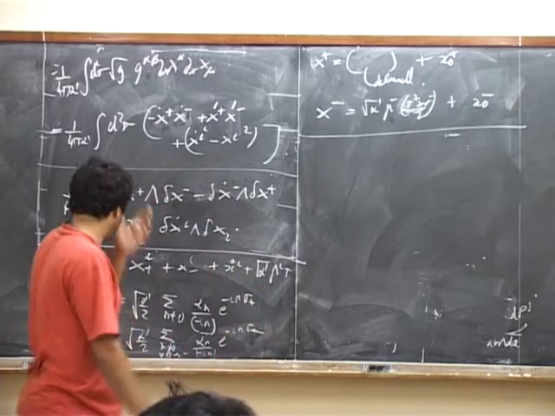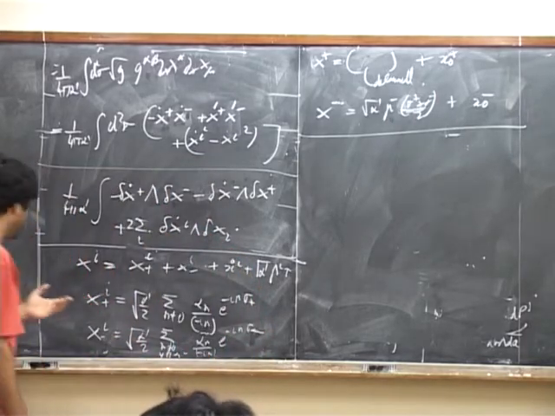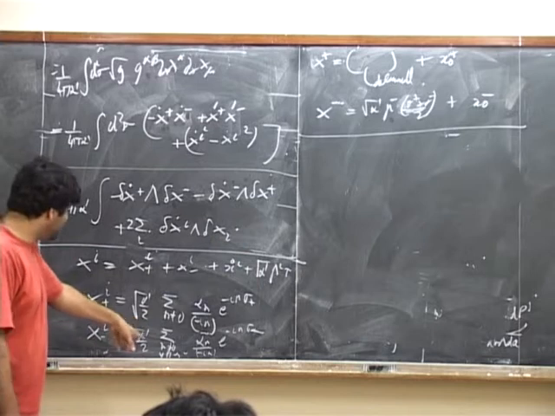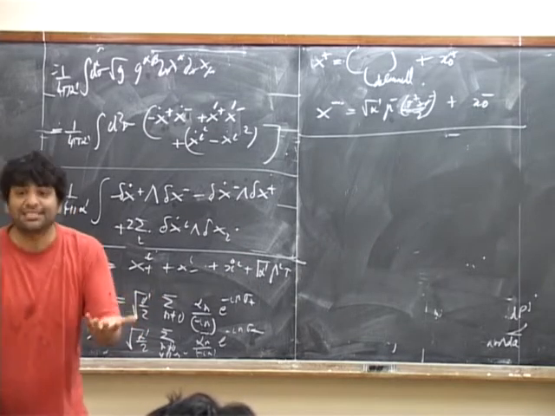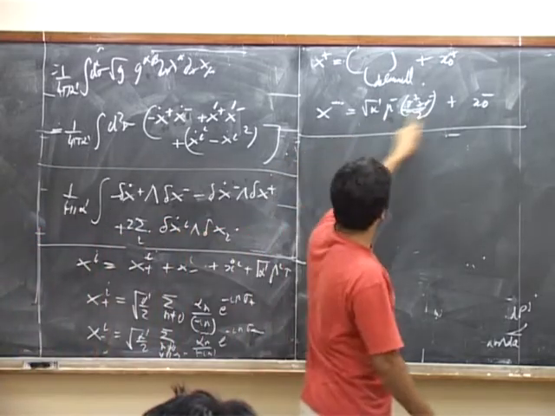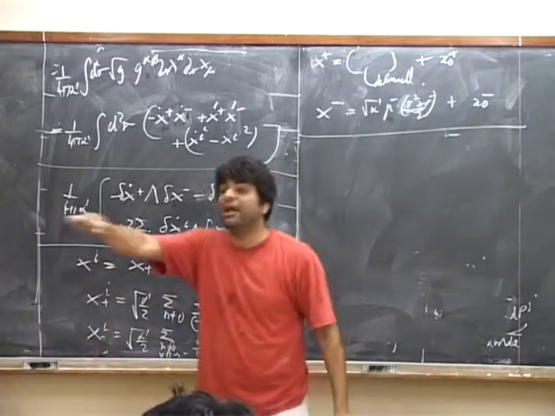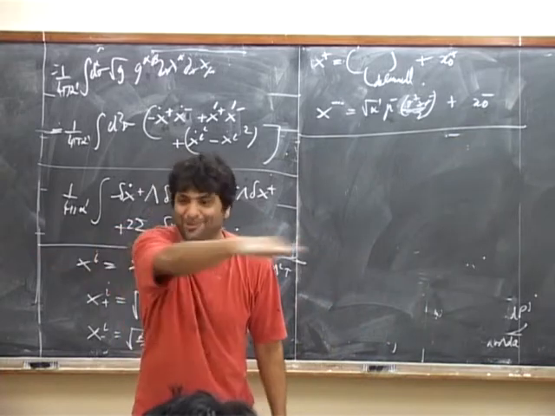Okay? But basically because delta x minus is very simple. Delta x minus comes only from these parts. And these parts have no Fourier modes, as in Fourier mode equal to 0.